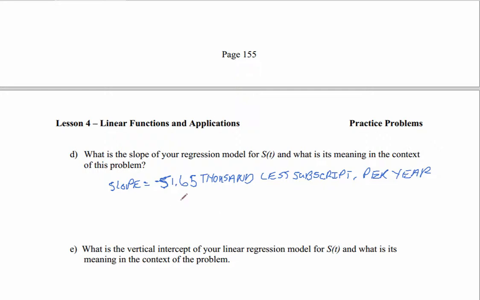Okay, so maybe a cleaner way of saying this is that you lose 51,650 subscriptions per year. A little less geek and a lot more comprehensible to the general public if you write it like that.